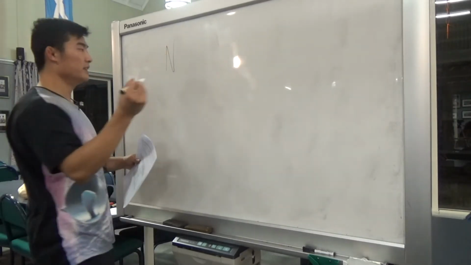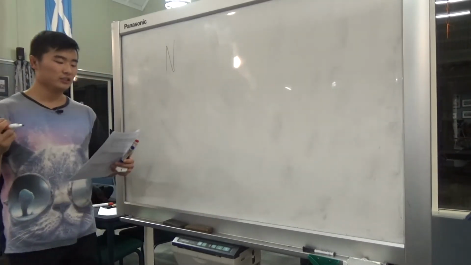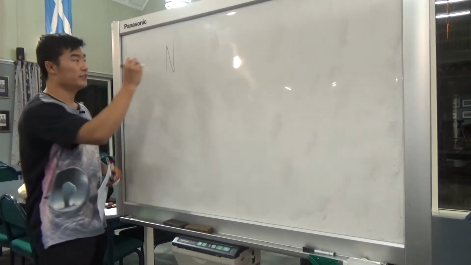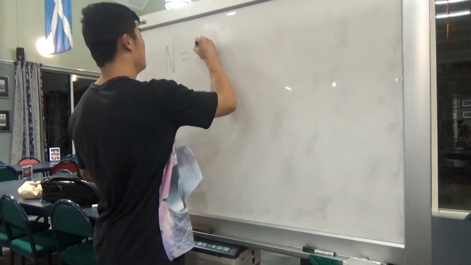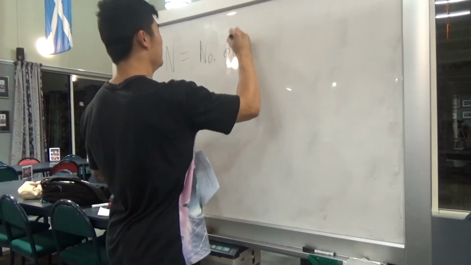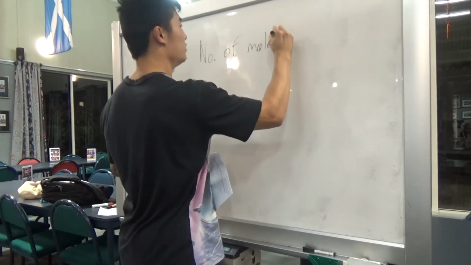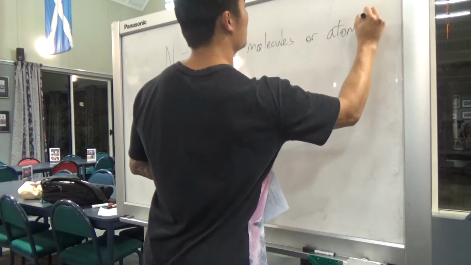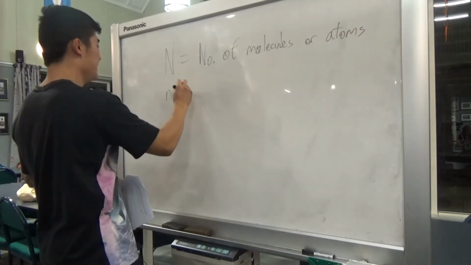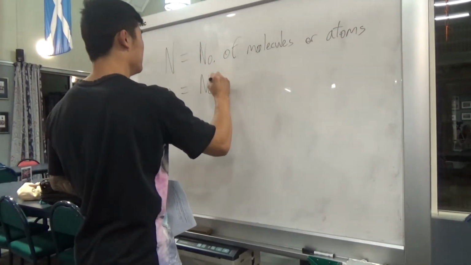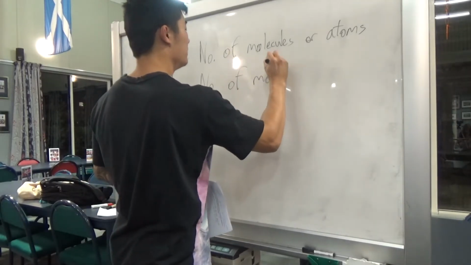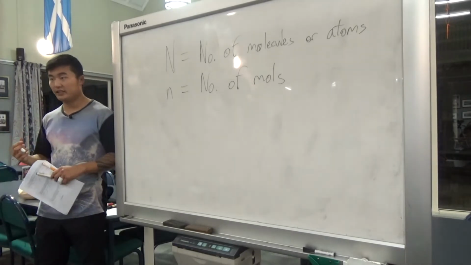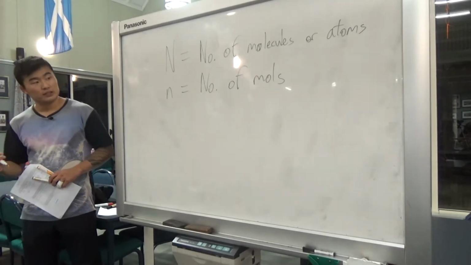So that's big N. Big N is the number of molecules or atoms, so don't get that confused with little n, which is the number of moles. Okay, so don't get confused by the two, and you should know which one's which.